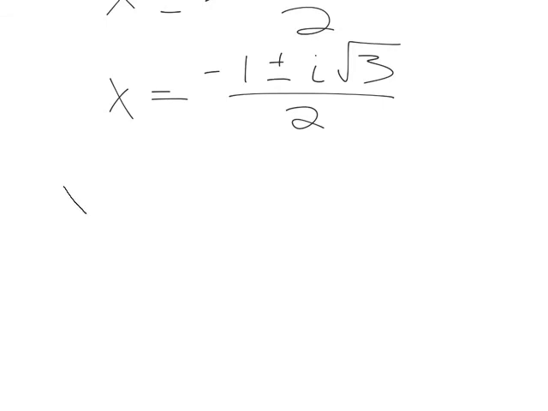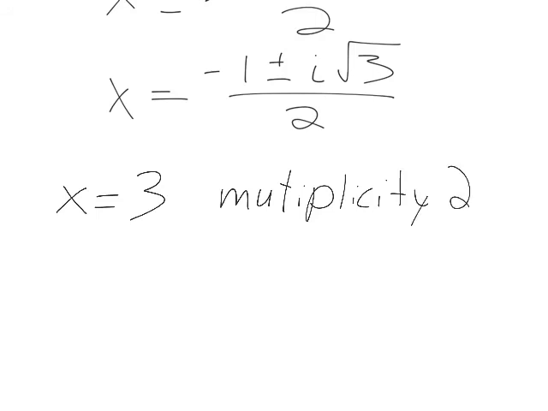So what we found from the synthetic division was that we have a 0 of 3. It has multiplicity 2, which means you can either write it twice here in the list or just put multiplicity 2 so that we can remember to get two factors in for that one.